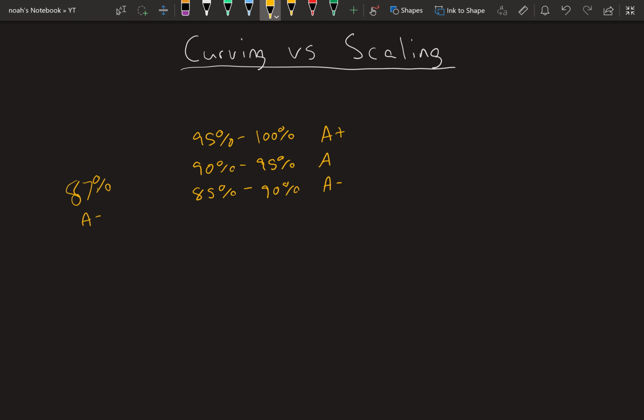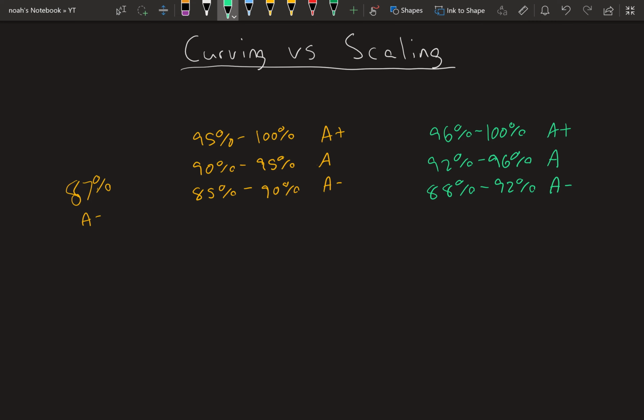Pretty simple. And then there's scaling, which is if your class average is higher than normal, then what the professor might do is they might go, well, 96% to 100% is an A plus, and then 92% to 96% is an A, and 88 to 92 is an A minus.